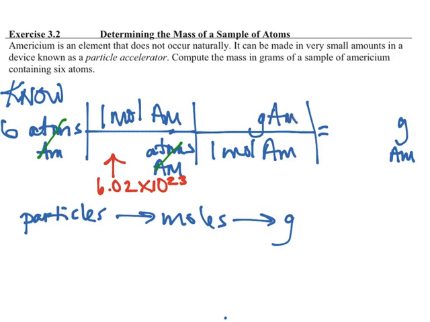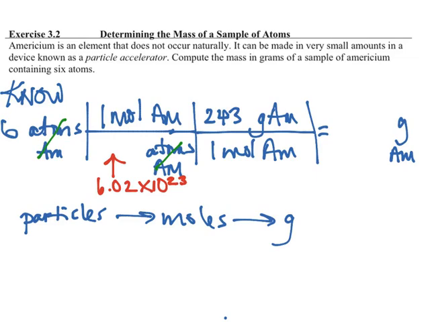Now, the periodic table that you guys get from AP actually doesn't have masses down there, and that's because those are unstable atoms that we just don't find in any abundance. But if I look back at our other periodic table, if we can make americium, we typically find that it has a mass of 243 for the particular atoms that we can make.